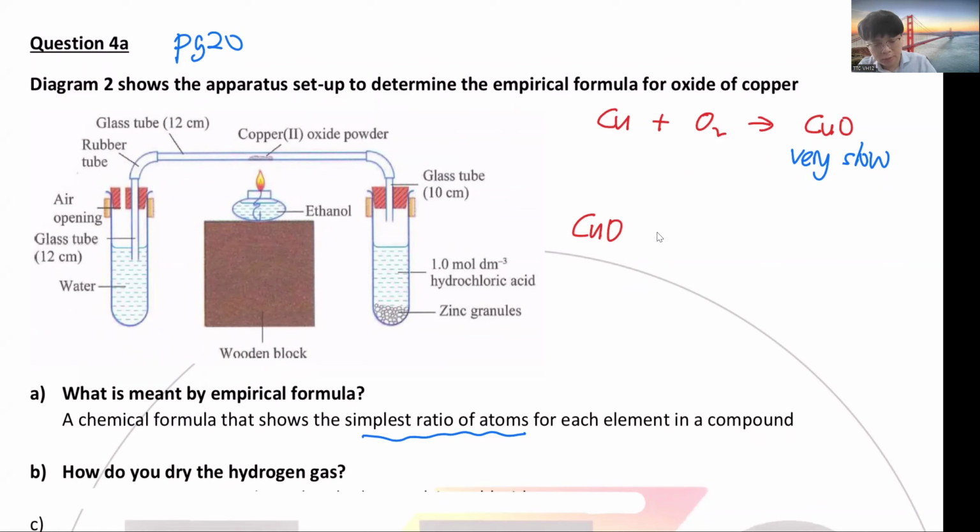Then you use hydrogen, because hydrogen is more reactive. You are able to take away the oxygen from the copper. So you get the same result, starting with copper 2 oxide becoming copper.